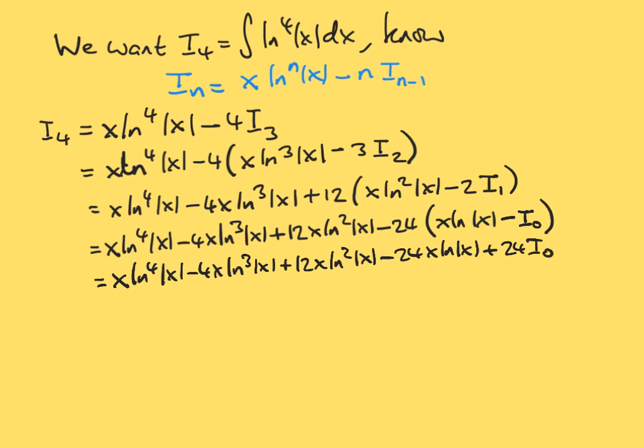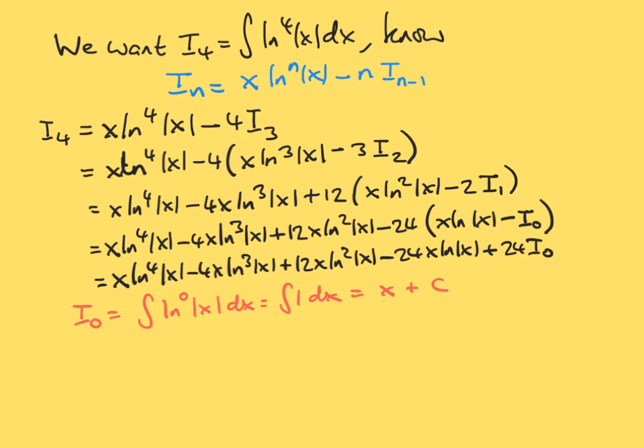And now, what is I naught? Well, I naught is the integral of log to the power of naught of x with respect to x, so it's the integral of 1 with respect to x, so it is going to be x plus some integration constant. And now we can just substitute this into here.